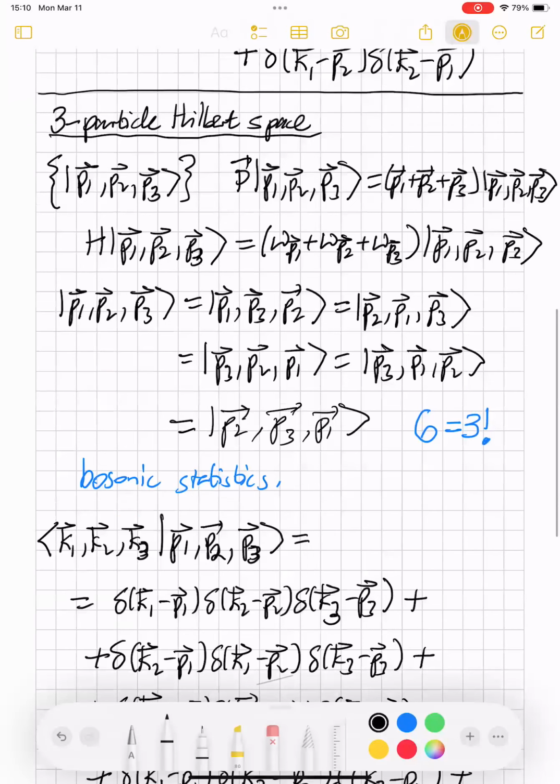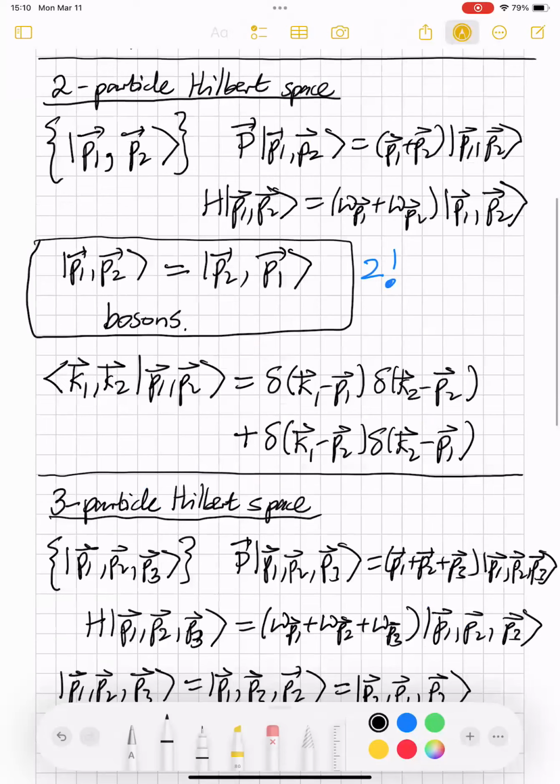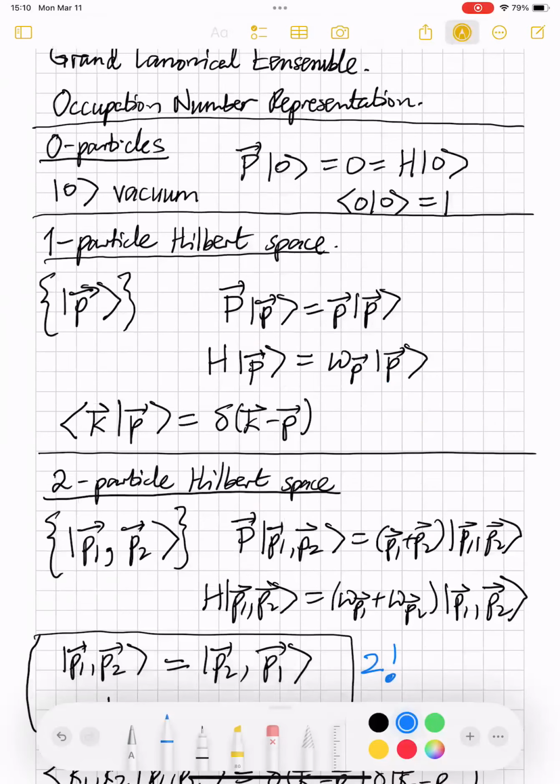Okay, so what have we done now? Well, we've started off and we've introduced a number of Hilbert spaces. So let's give these some names. When there's no particles, when we're talking about the vacuum, we've got the Hilbert space, let's give it curly H for Hilbert and a subscript naught for no particles.